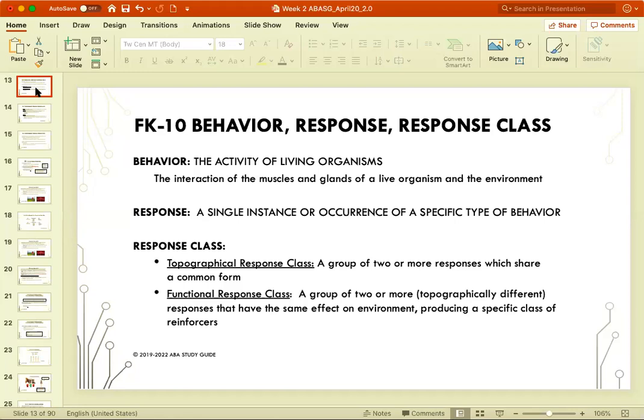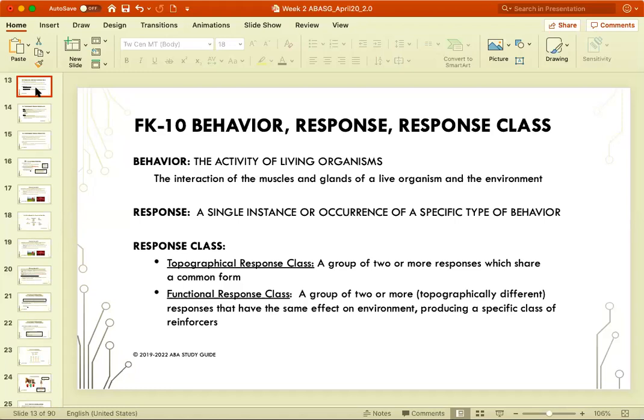We have our topographical response class, where it's a group of 2 or more responses that share the common form or topography. Your functional response class is different. The responses are topographically different, but they have the same effect on the environment. Therefore, these responses produce a specific class of reinforcers.